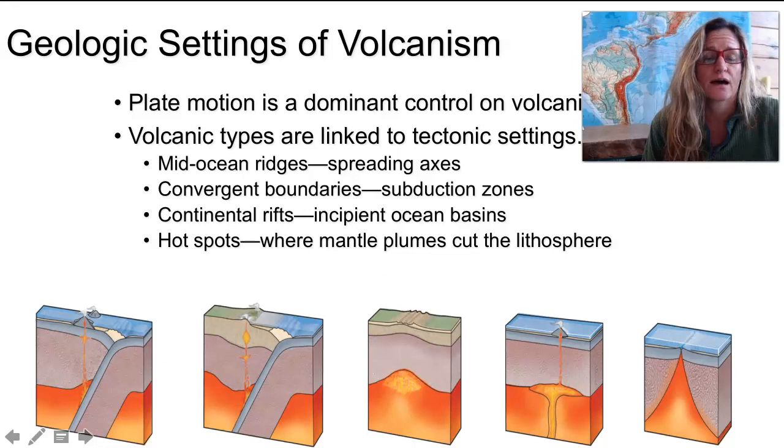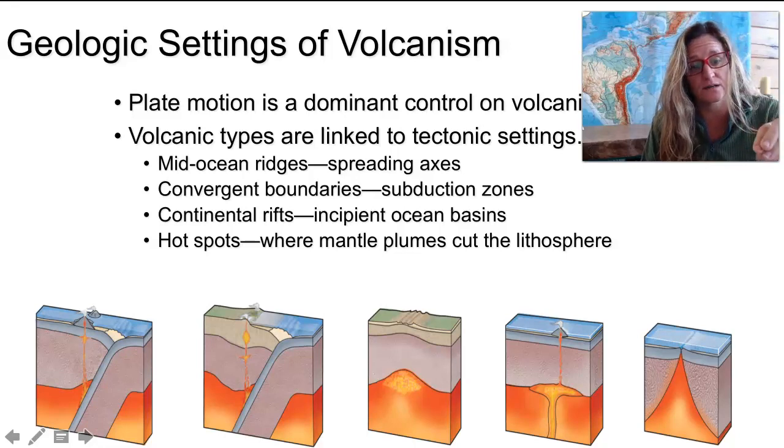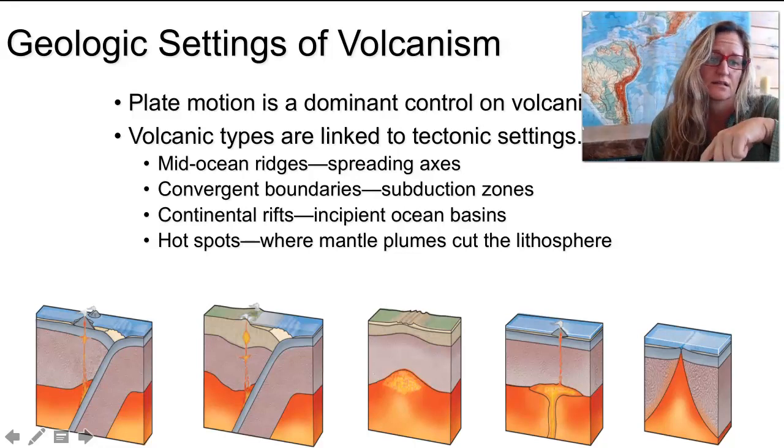So we know that volcanoes are different because the chemistry of the magma is different. That chemistry of the magma is going to be dictated by the plate tectonic setting.